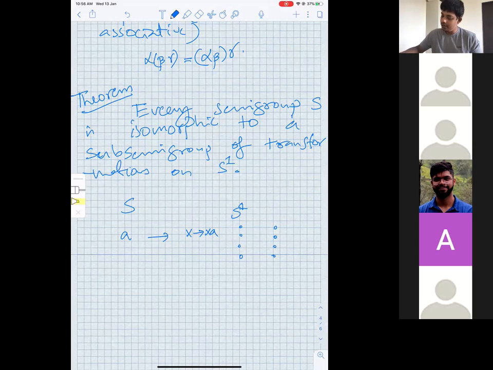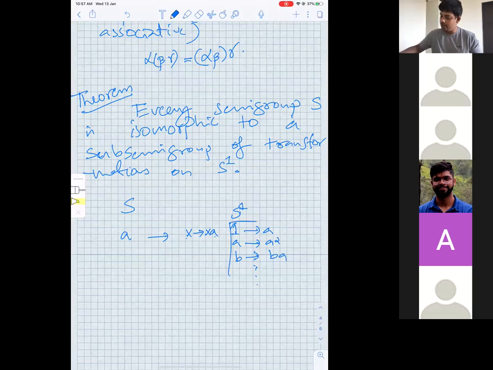So if I consider the function which maps every element X in S1 to the element XA, X right multiplied by A, 1 will go to A, A will go to A square, and so on. Okay. I mean, these may not be different elements. I mean, I should write it this way: 1 will go to A, A will go to A square, B will go to BA, and so on.